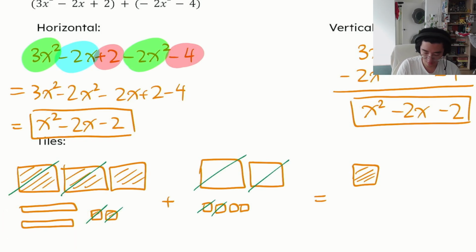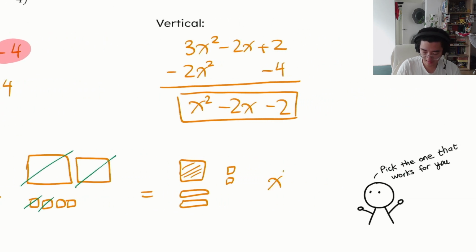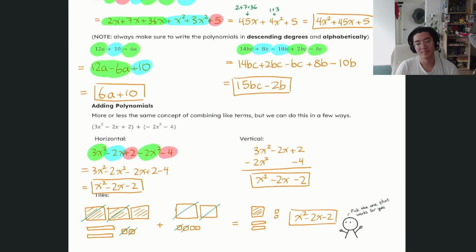Still left with the 2 negative x tiles, and then we're also left with 2 of the negative 1 tiles. So this translates to a positive x squared, 2 negative x's, and 2 negative 1's. Just like that. So, of course, just like everything we talked about, use whichever method that you like the most.